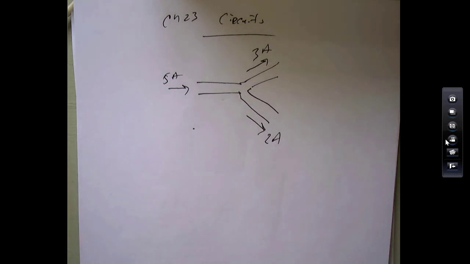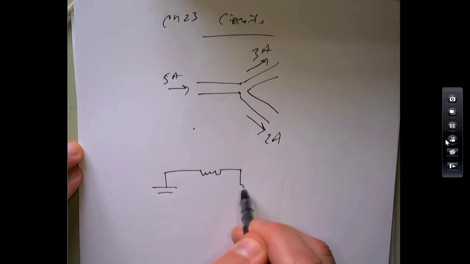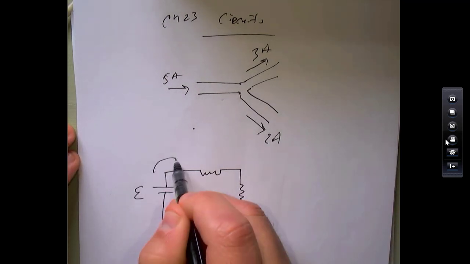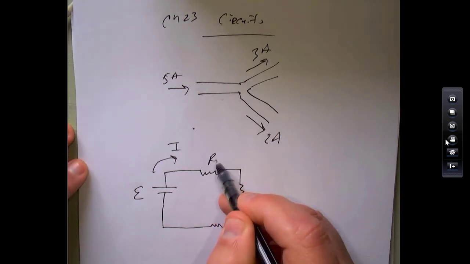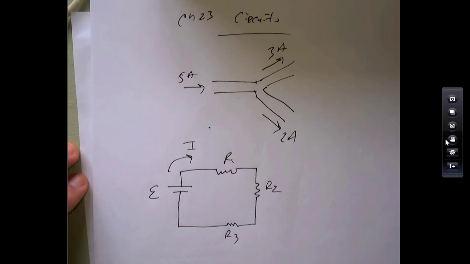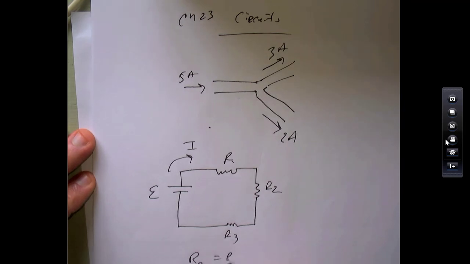Then we saw series circuits and parallel circuits. In a series circuit, the resistors go one right after the next. You don't have to have three, you could have however many. Current goes this way through R1, R2, and R3. In series, it's the same current that goes through the resistors, and the total resistance adds up: R1 plus R2 plus R3.